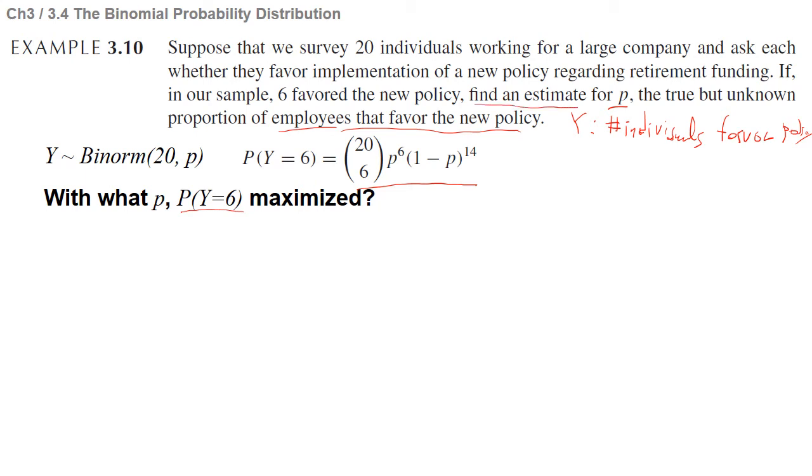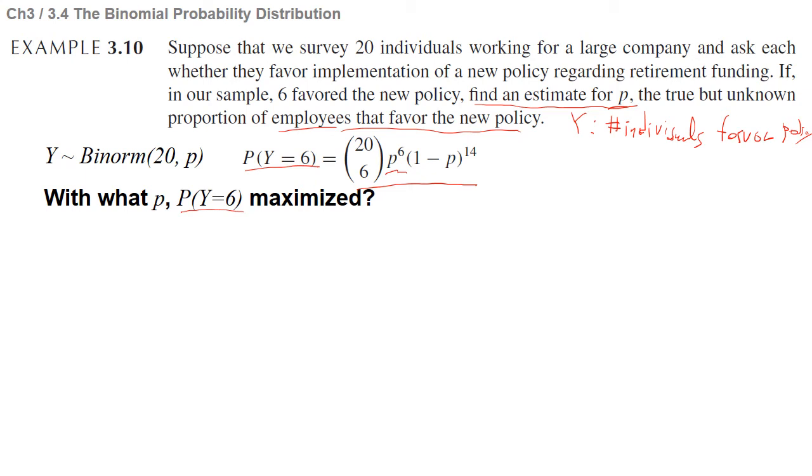Actually, here we'd like to find an estimate for p, and we observed this one. We observed Y equals 6, and with what p could the probability of observing Y equals 6 be maximized? So we want to find our estimate p that maximizes our observation of the data.